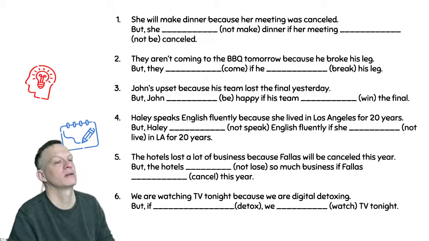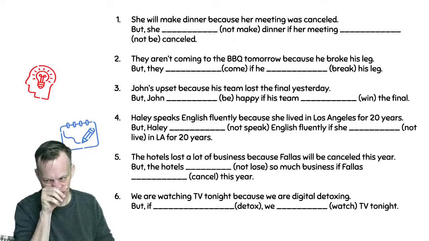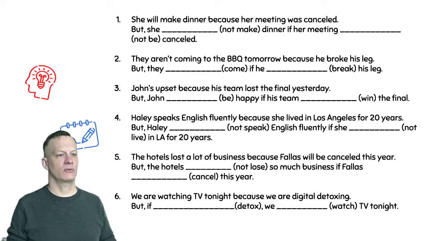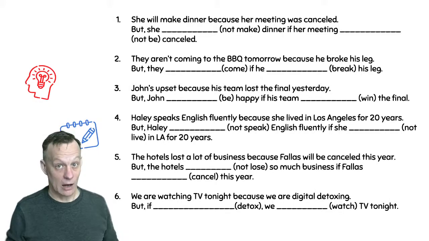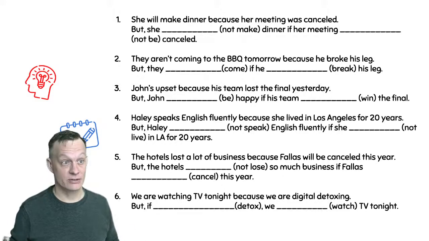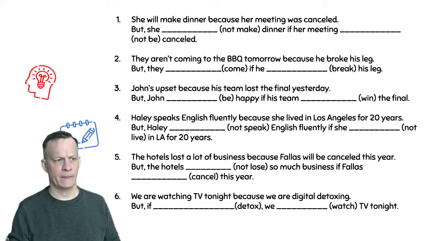But how can you put this into a mixed conditional? And you can write only the answers if you want. You don't have to write the entire sentence. I understand it's a bit long. If you want to write the entire sentence, that's cool. If you want to write it down in your notebook, that's cool. That's a very good exercise as well. That gets you sort of trained to practice.